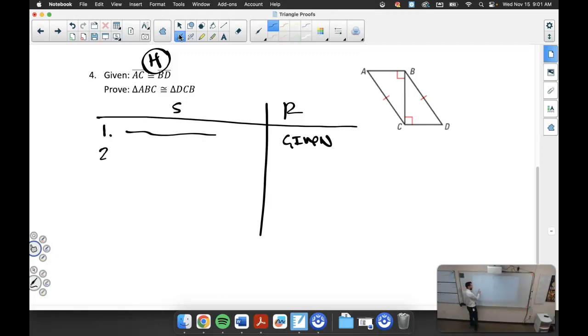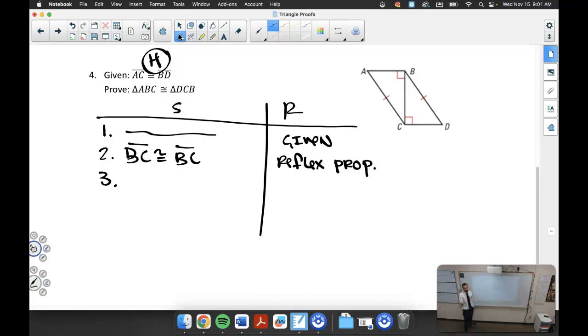Step number 2, maybe you said the reflexive property. And then step number 3, maybe you said something like angle ABC is congruent to angle BCD.